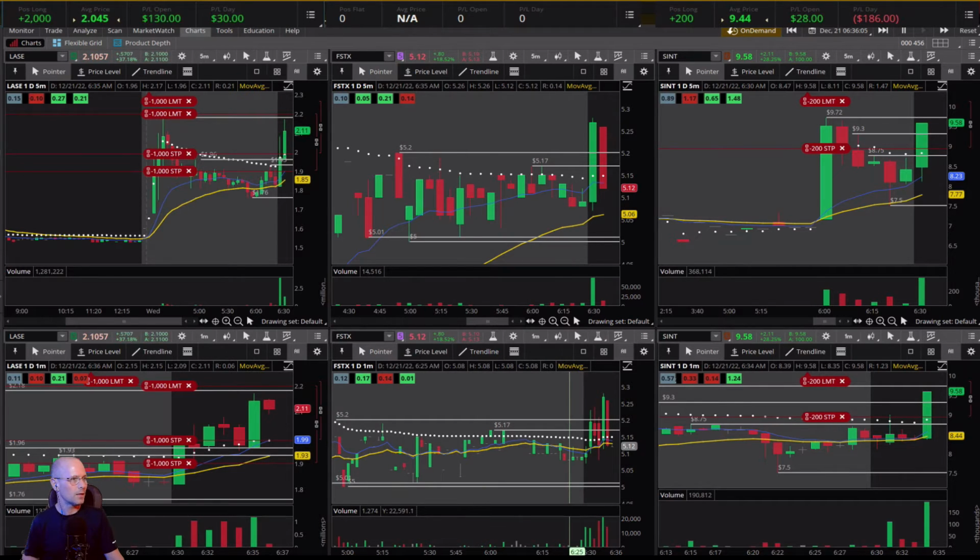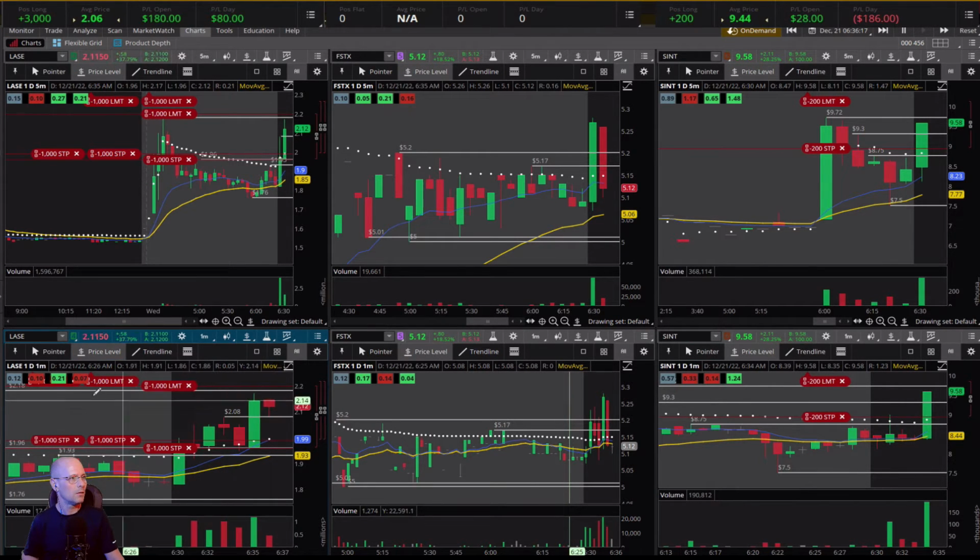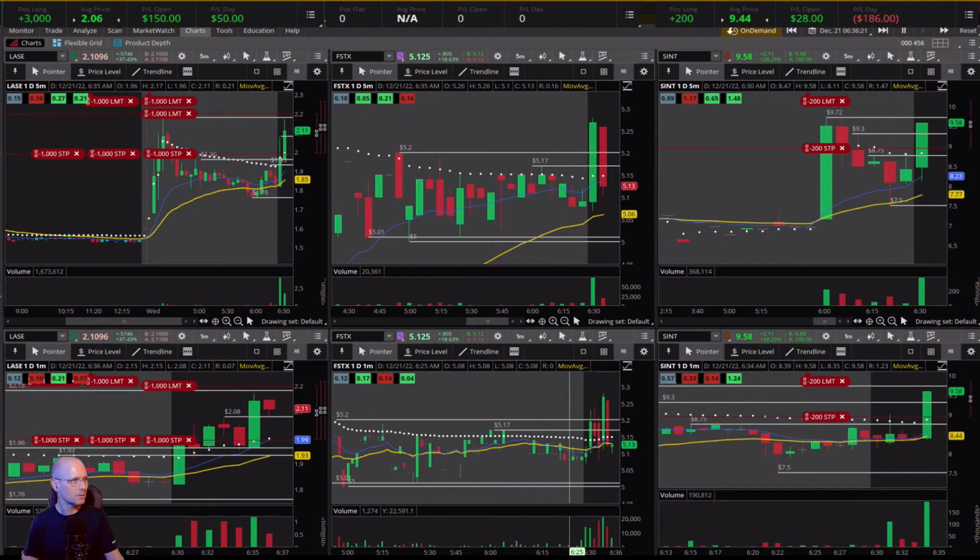And I'll move my stop losses up a bit. I'm buying SINT again for the break. I have to move my stop losses up so that I'm not risking more than my max loss. So that could come back to haunt me, but I have to make sure I don't risk more.